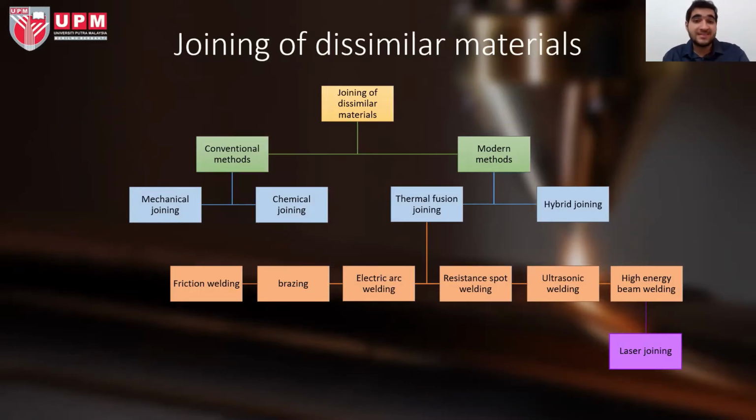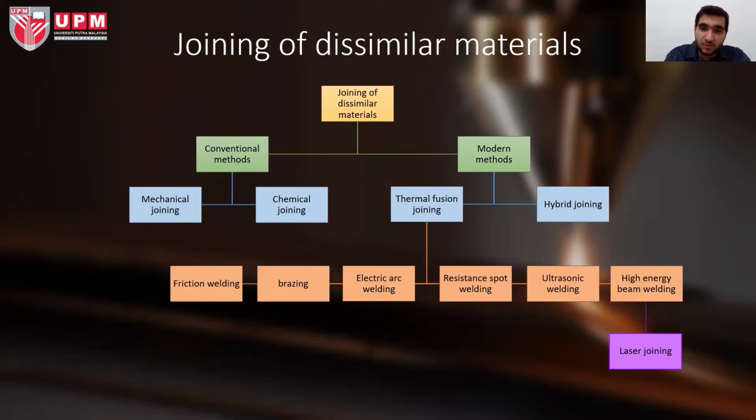They're used to this date, and the only main difference between conventional methods and modern methods is that traditional methods are not usually used for long-term solutions or long-term joints. After some time, they might need a little bit of maintenance, or the joint will just be too weak to hold on anymore. That's why these are known as traditional methods.